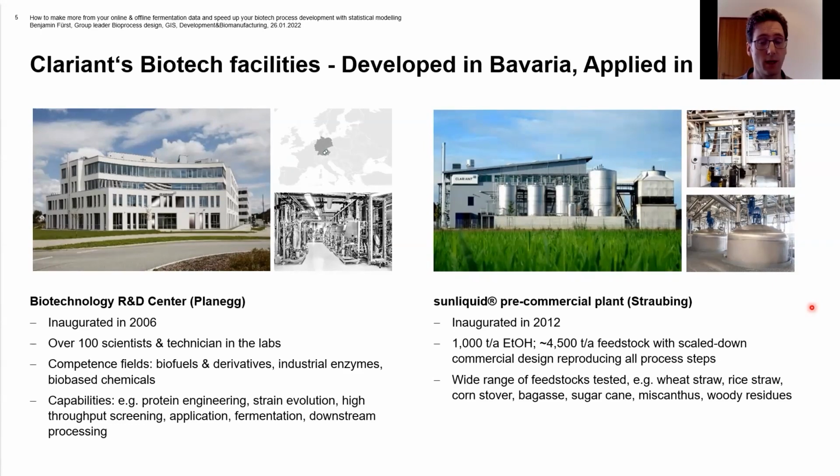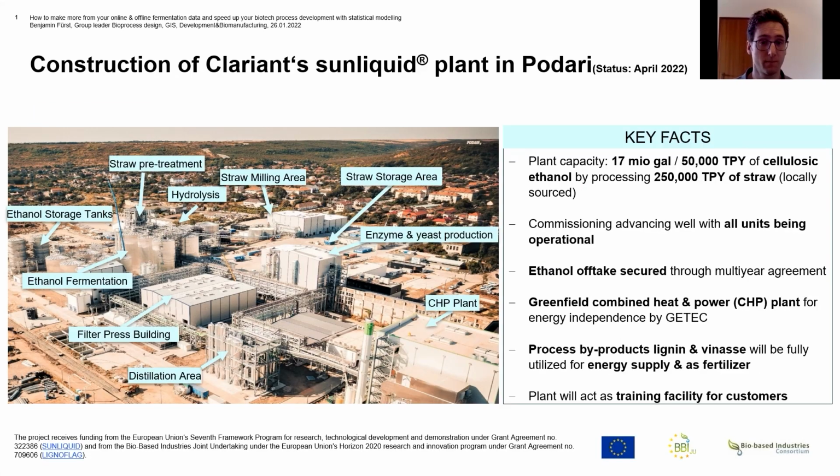Maybe some of you are aware that Clariant is commissioning a commercial-size bioethanol plant in Podari, Romania at this time. To say, as a biochemical engineer, seeing this plant is a really, truly impressive thing.